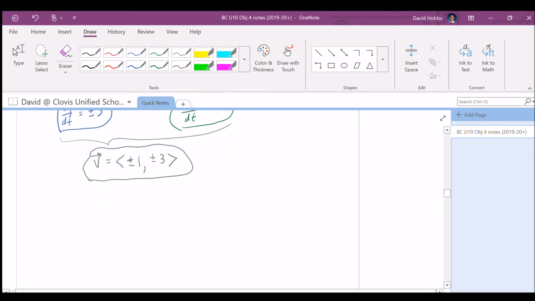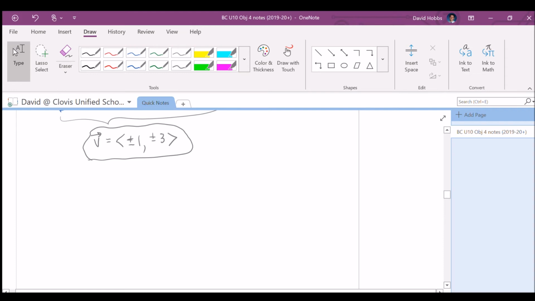Okay, now we could take a look at it visually. We had the parabola y equals x squared minus x.